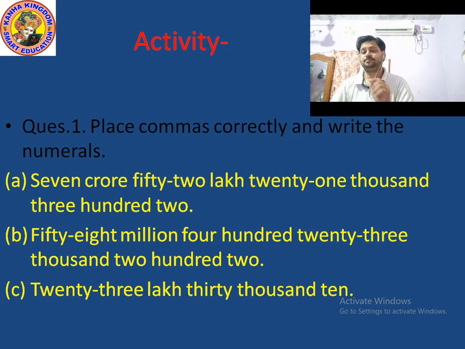If you see, all the words are in this question, and it is very easy to write down the number. All the periods are shown in this question. Ones period is here, thousand period is here, lakhs period is here, and crores period is here.